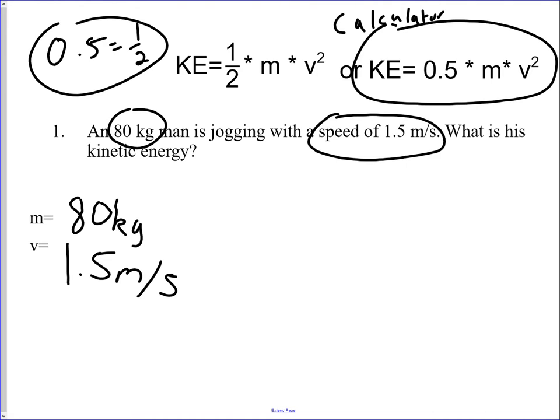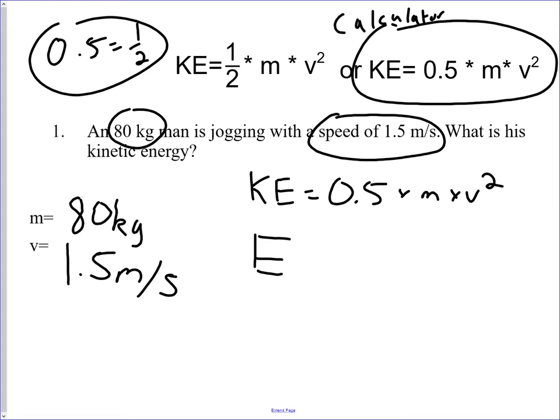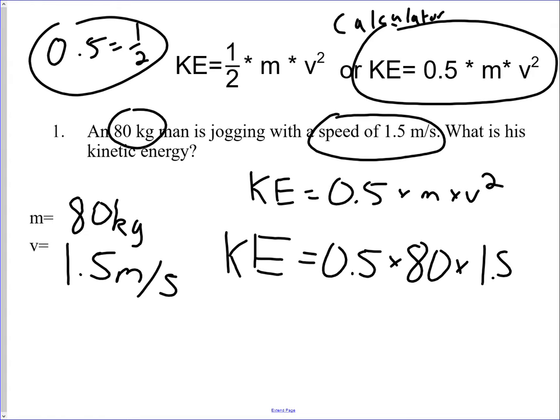And then what I want to do now is rewrite my formula. I'm going to use the one with the calculator just to make it easier, right? So I have KE equals 0.5 times my mass times velocity squared. Then I'm going to plug it in. KE equals 0.5 times my mass, my mass is 80, and my velocity is 1.5, and I have to square it.